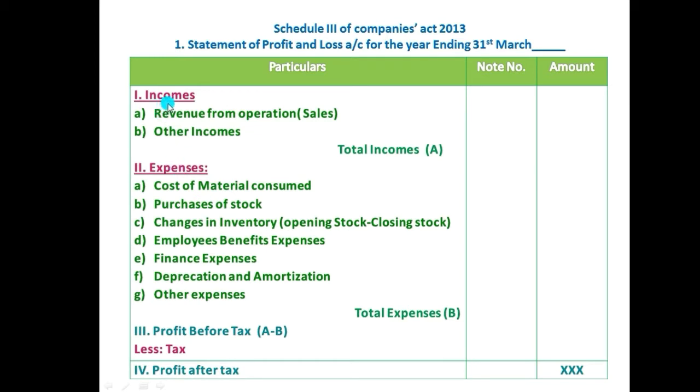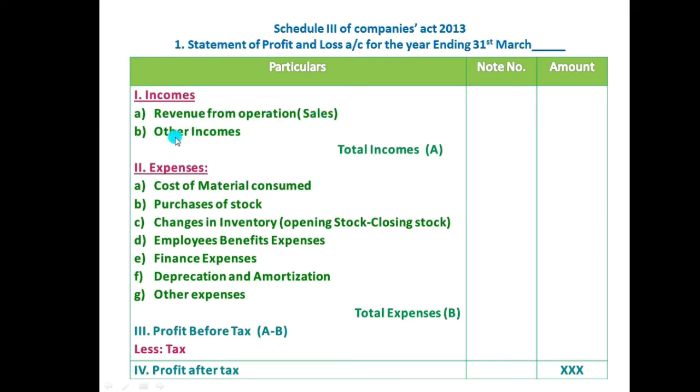Under incomes, we need to record all the incomes of the company, whether it is direct income or indirect income. Further, incomes are divided into two: revenue from operations, that is sales, and other incomes. Under revenue from operations, we record the total sales of the company in that financial year.